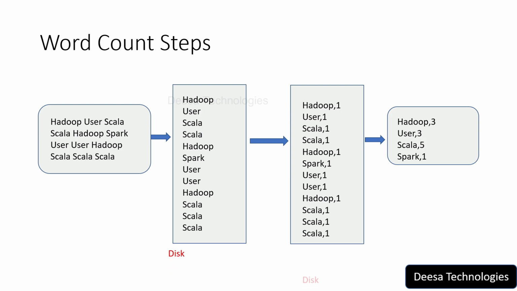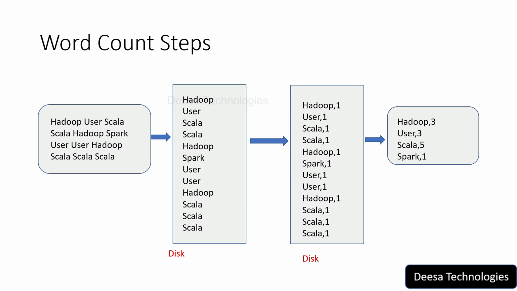This is the main reason MapReduce is slow, because the input output operations are what cause it to be slow. Every time you have to read from the disk, and again write to the disk, right? So a lot of overhead is there. So this is the problem with MapReduce, right?